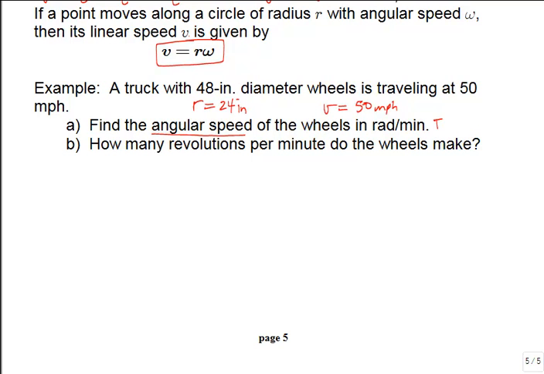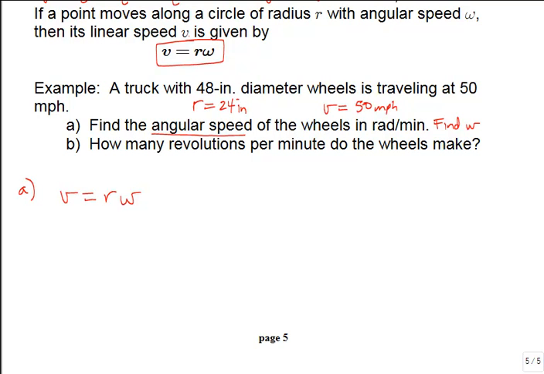So we're trying to find omega, and look at what we've got. We've got v, we've got r, and we're looking for omega, and we know the relationship between all three of those. So this is the formula that we're going to use to relate all three of these variables. So for part A, we're going to use v equals r times omega.